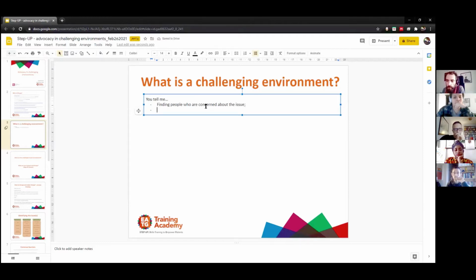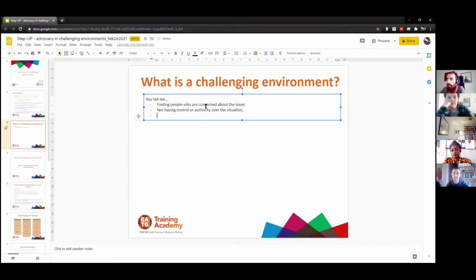More? I would say not having any control or authority over a certain situation. That could be people, that could be a physical situation, just not having that control in an environment. Okay. Control and authority, I would say, are two very different things.